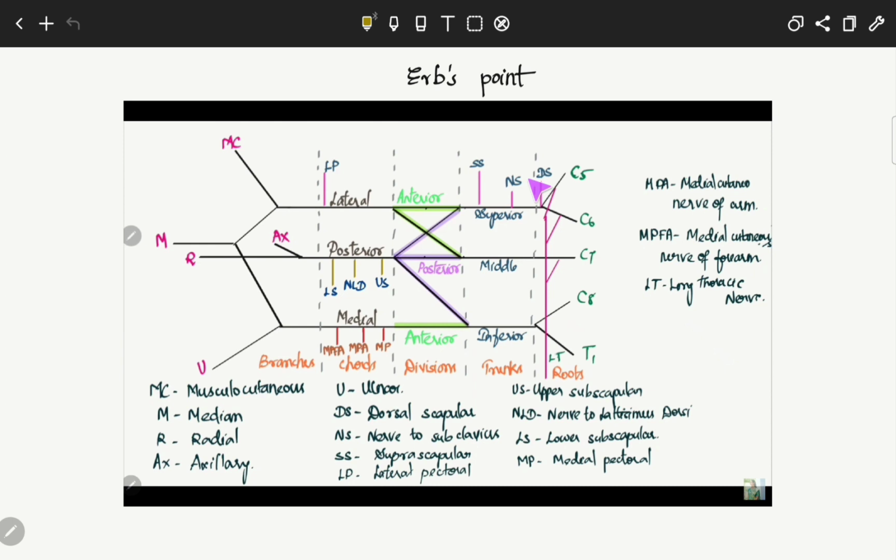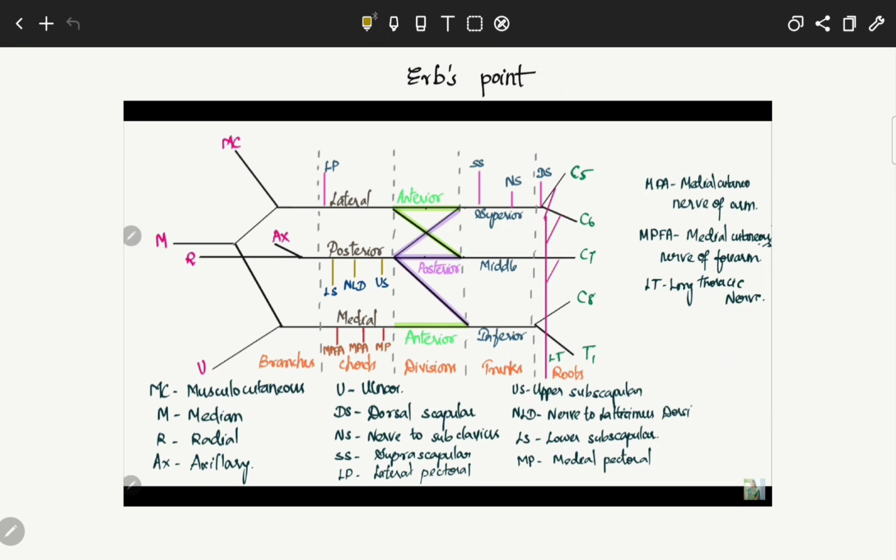Since the upper trunk of the brachial plexus gets damaged, the anterior division from the upper trunk cannot pass the impulses properly, so the branches from the lateral cord of the brachial plexus are also affected. So the musculocutaneous nerve which supplies the biceps brachii also gets affected, and that's why the biceps brachii gets paralyzed.